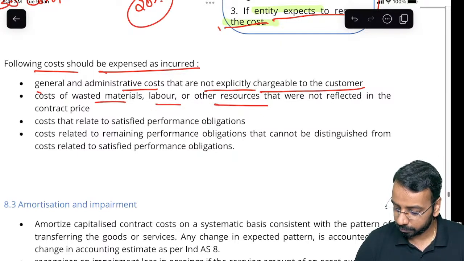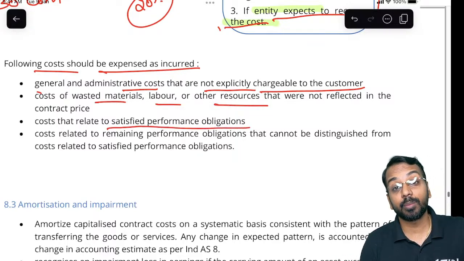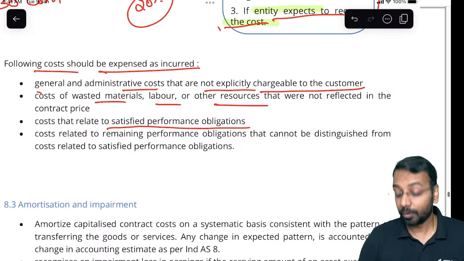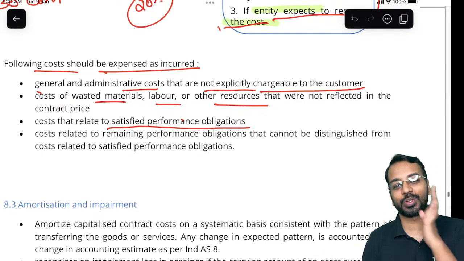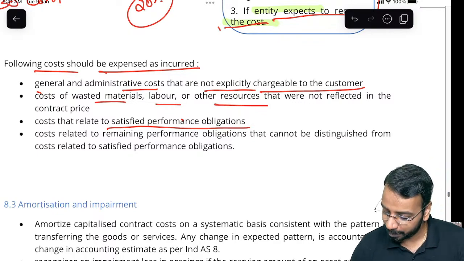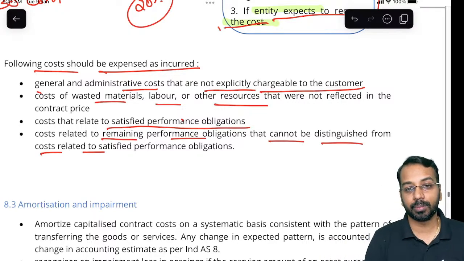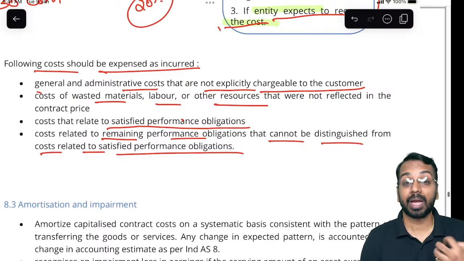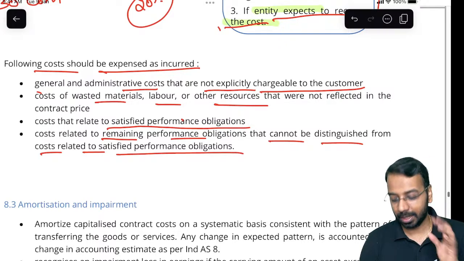Then costs that relate to satisfied performance obligation, means performance obligations have been satisfied. Now when the performance obligation has been satisfied, we will recognize revenue. So the cost also should be recognized. And then costs related to remaining performance obligation that cannot be distinguished from the costs related to satisfied performance obligation. If you cannot distinguish and if there is some kind of challenge, that also you will expense it off.